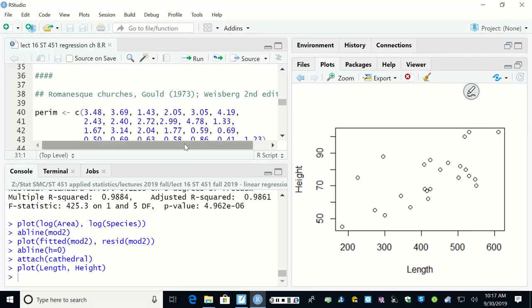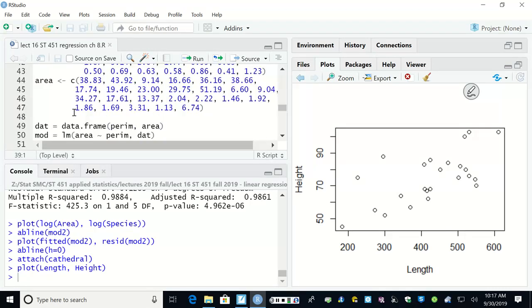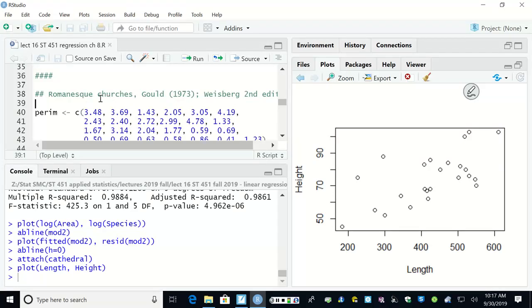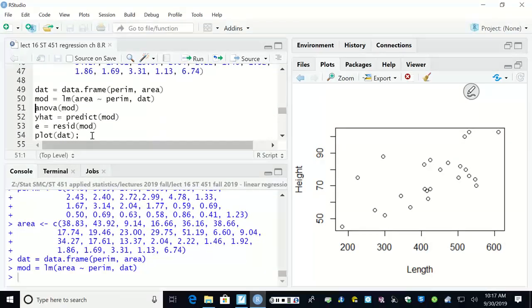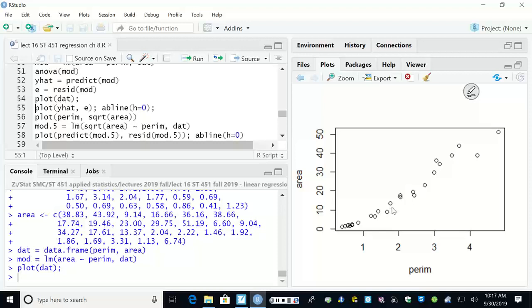In the second edition of that book, there was a data set that Stephen Jay Gould had on the perimeters and areas of some churches, right? So this is just entering the data in, and if you plot it, this is what these data look like.